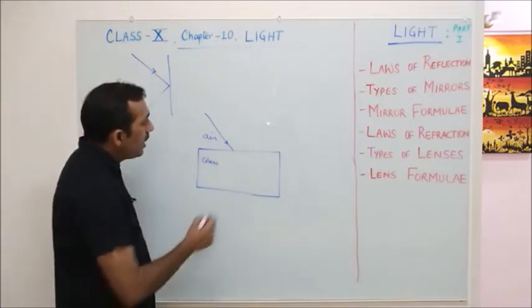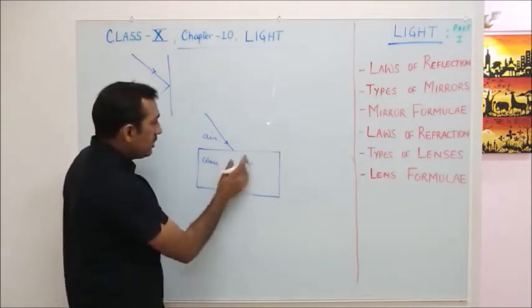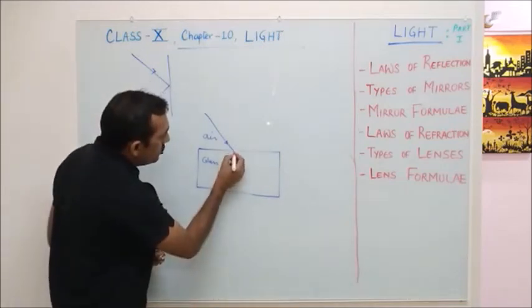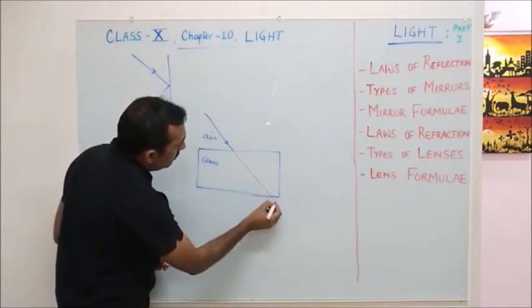Now if this glass is not there, this block is not there, this ray is supposed to go in the straight direction. That is the property of the light, it will keep going in the straight direction.